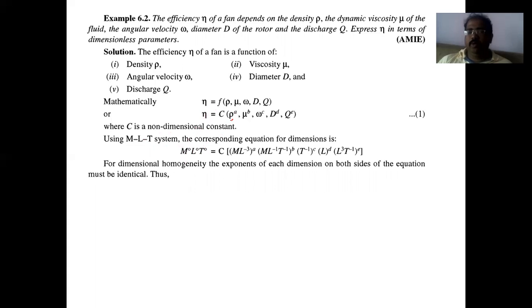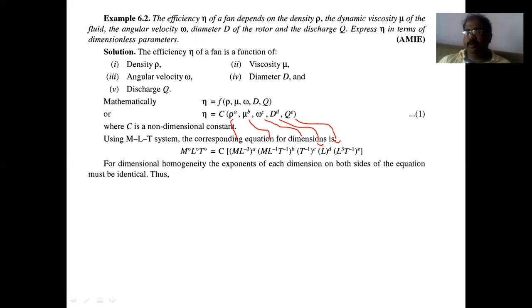Similarly, rho is denoted by M L raised to power minus 3. Mu is M L raised to power minus 1, T raised to power minus 1. Omega depends on time, so T raised to power minus 1. D is a distance, so we simply use L. And Q is the discharge, meaning meter cube per second.